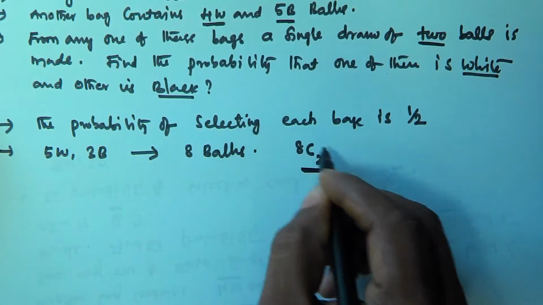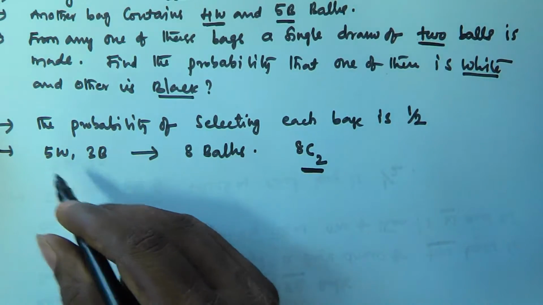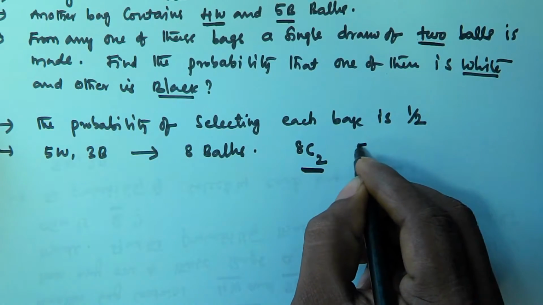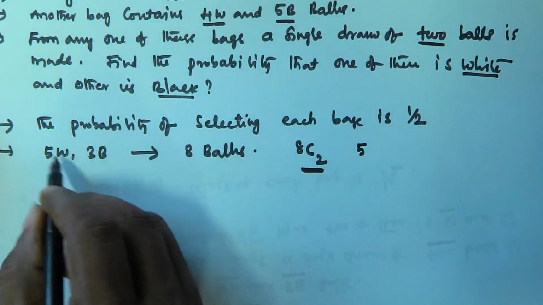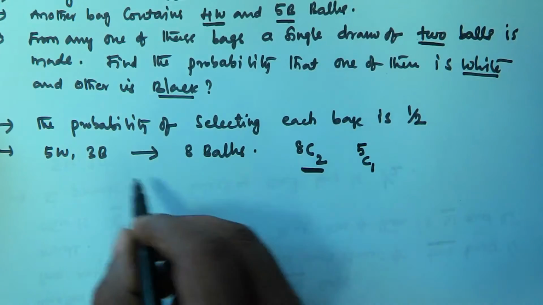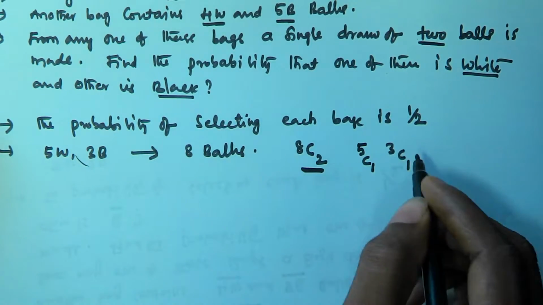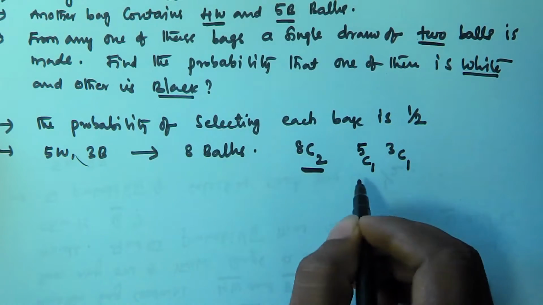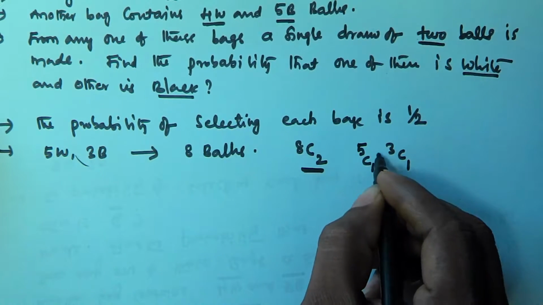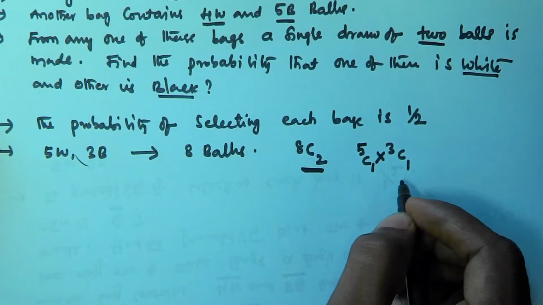But out of these 2 balls, 1 ball must be white, so selecting 1 ball out of 5 white balls is 5C1, and selecting 1 black ball is 3C1, because there are 3 black balls. So the total number of ways of selecting 1 white ball and 1 black ball is 5C1 into 3C1.